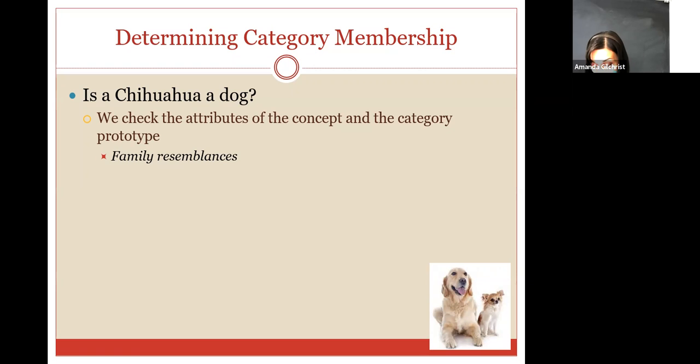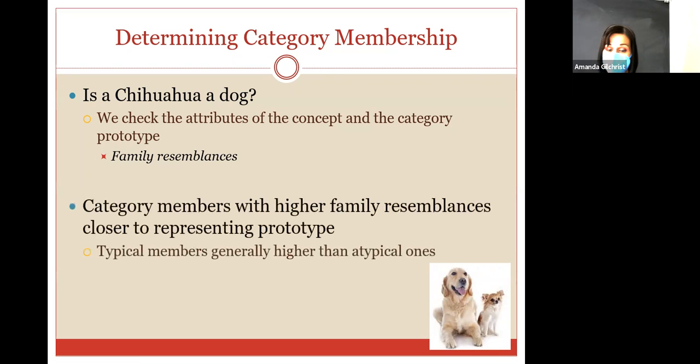So we're going to look at the attributes that our Chihuahua and our prototype dog have in common. Generally, we're going to find that the more family resemblances there are, the closer it represents the prototype. So typical members of a class generally have higher family resemblances.